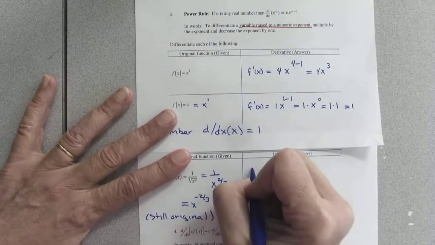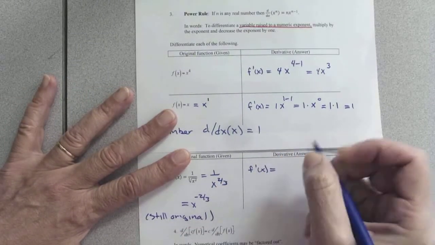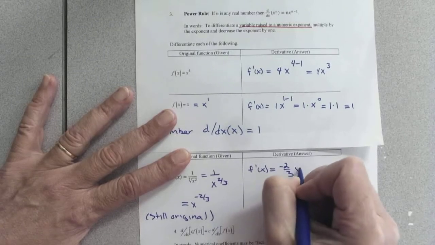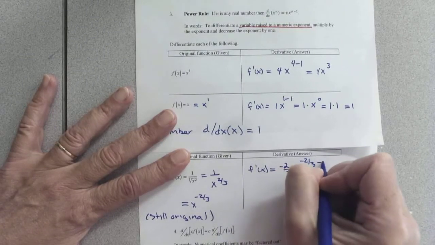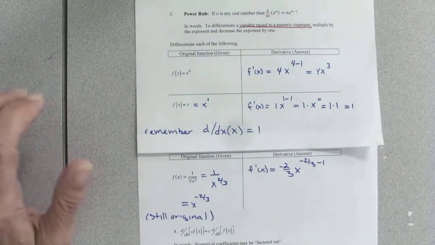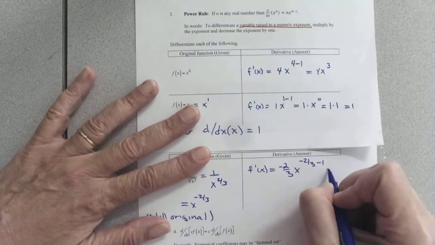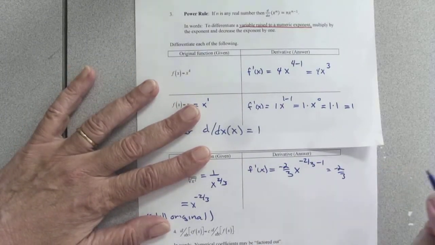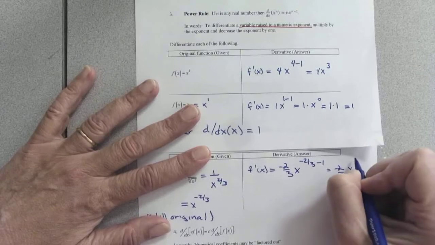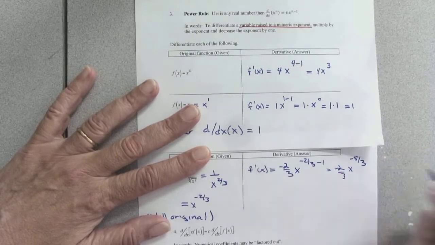And so now the derivative: multiply by the exponent, decrease the exponent by 1, simplify, and so that's negative 2/3 x to the negative 5/3.